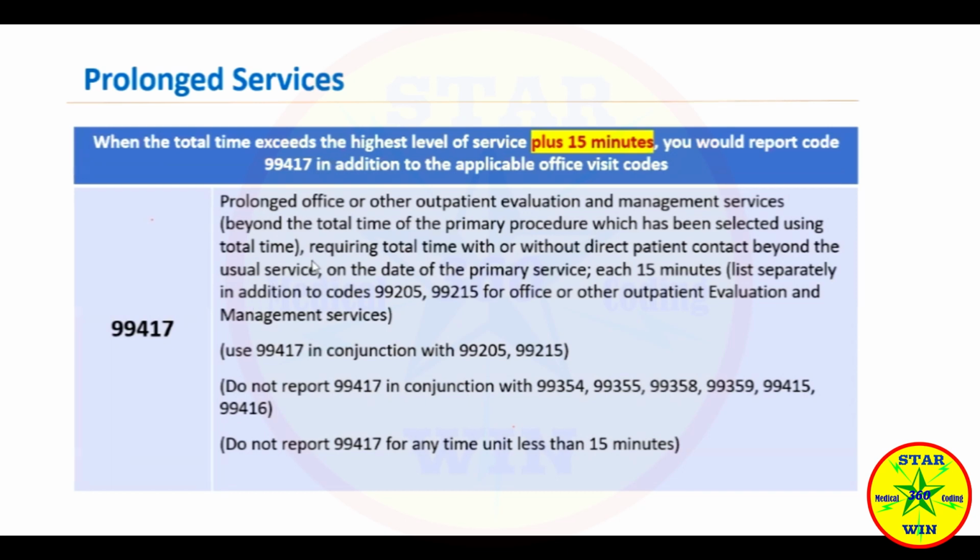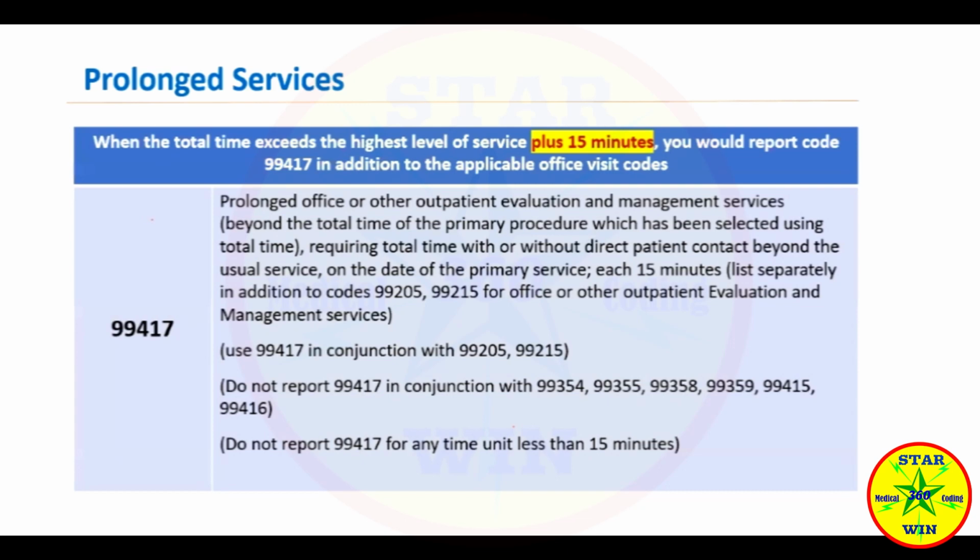When the total time exceeds the highest level of service, there will be a threshold time point for each level, but we are not going to assign 99417 for each level. We are going to assign it only for the highest level, which is 99205 for new patient and 99215 for established patient.